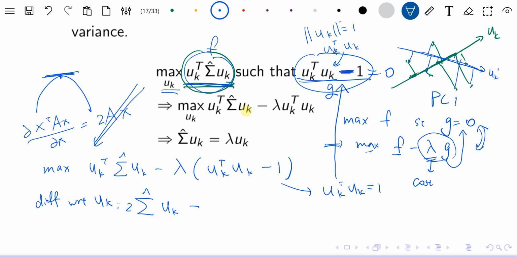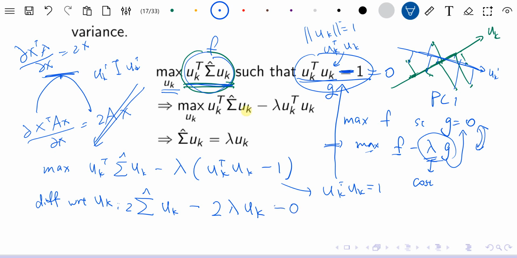And similarly, you can treat this as UK transpose identity UK, or you can use another formula: when you differentiate x transpose x with respect to x, this is like x squared, so you get 2x back. So here, this is just 2 times lambda times UK, and differentiating with respect to lambda, which is a constant, you get 0.